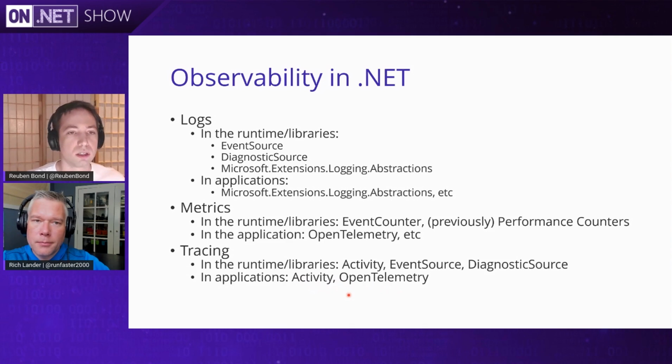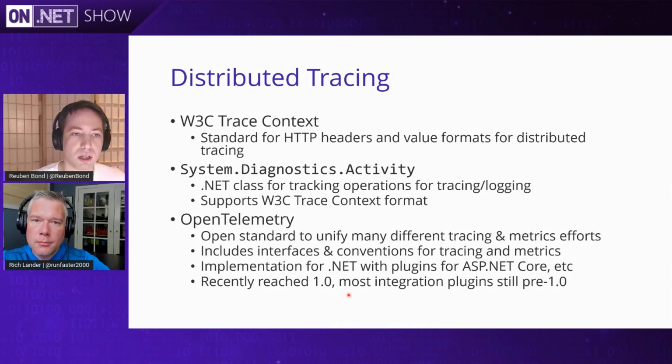Sounds great. So I mentioned the W3C trace context. Well, what is that? Essentially, it's a standard for headers, but also for formats, for doing distributed tracing. I also mentioned System.Diagnostics.Activity. That's the .NET class which really corresponds to this. It's a way of tracking operations for tracing and logging, and it supports this W3C trace context standard.